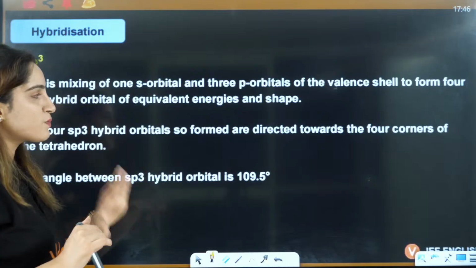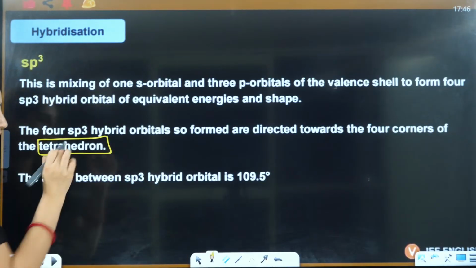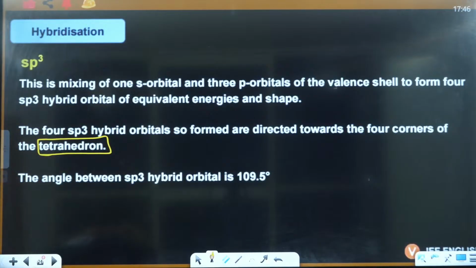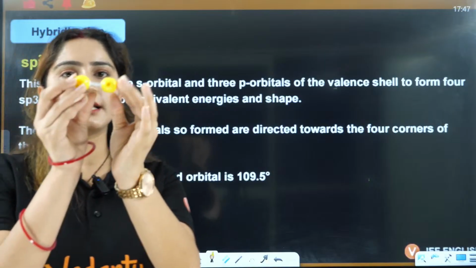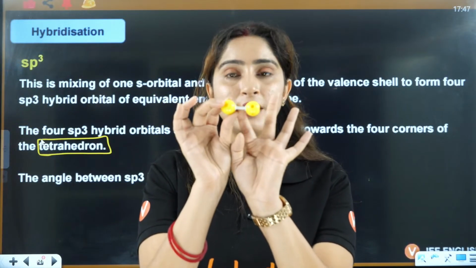The 4 sp3 orbitals are directed towards a tetrahedron. Now what is this shape? I'll just show you 3 shapes here because till now we have done only 3 shapes. Let's see, wait a minute. Guys, this is a linear geometry, shown by sp.